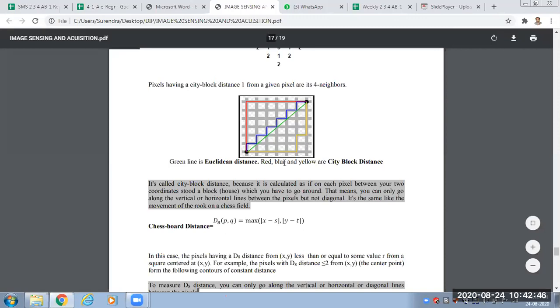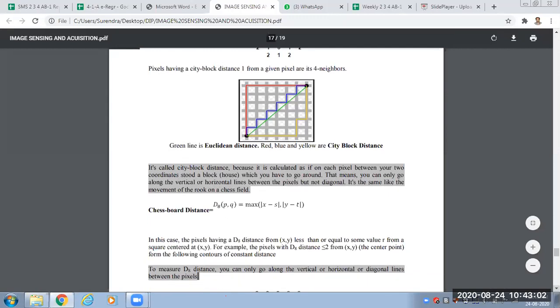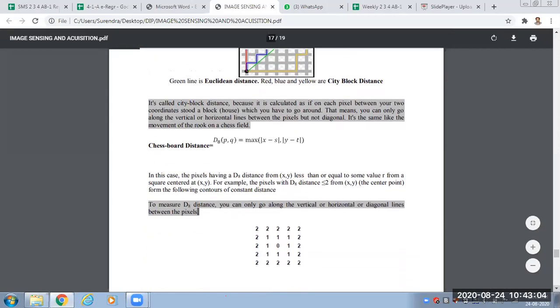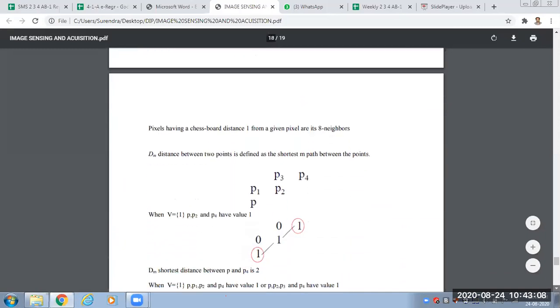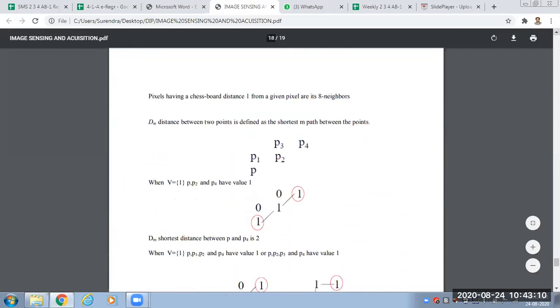I already told you there is a reason: the movement of pixel values is like a rook moving from one point to another on a chessboard, so it is called chessboard or city block distance.